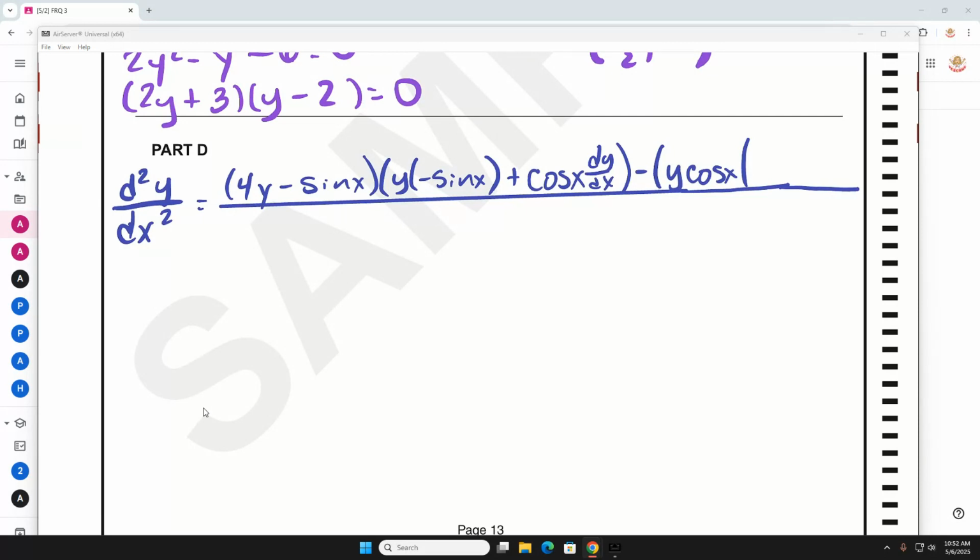So 4y, what's the derivative of 4y? 4 dy. Yes, ma'am. And then what is the derivative of sine? Negative cosine. Now we do have a minus because there originally was a minus. All right, all over low squared.